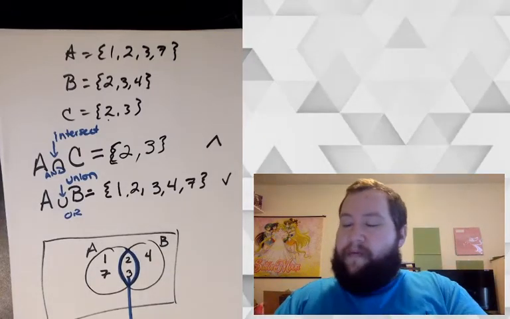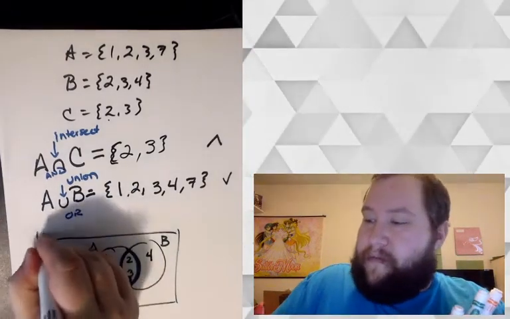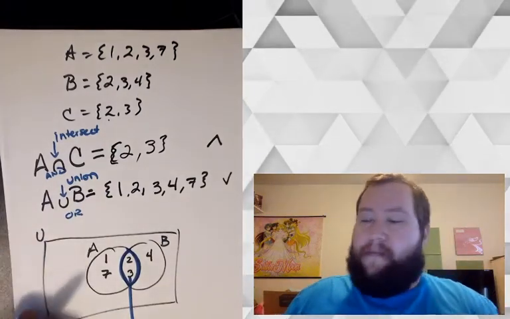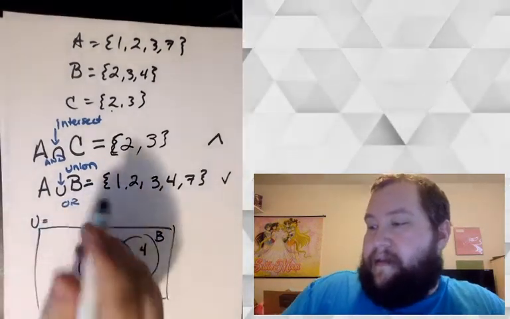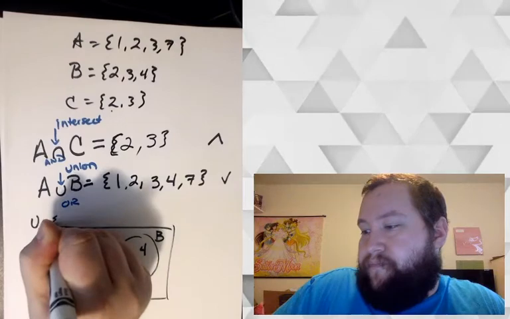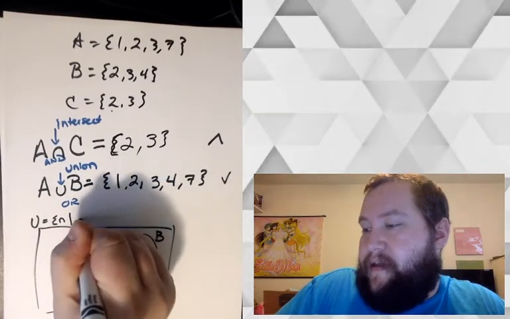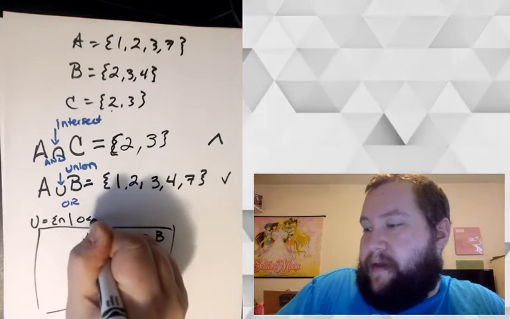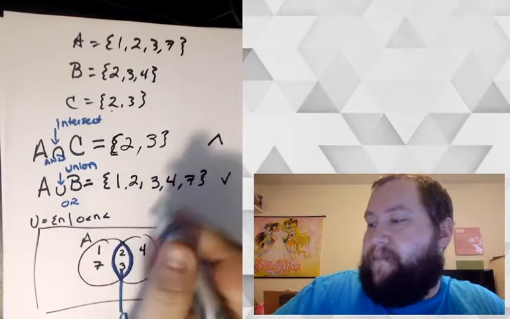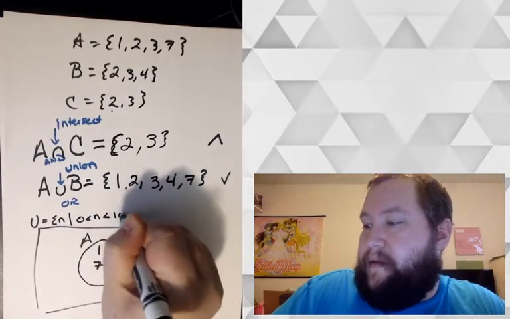And so suppose we were talking about all of the numbers, so we use U to be the universe, or all possibilities, is all of my natural numbers such that n is between 1 and 9.